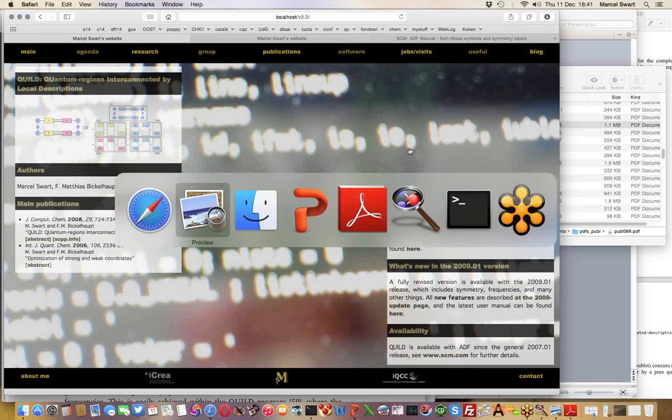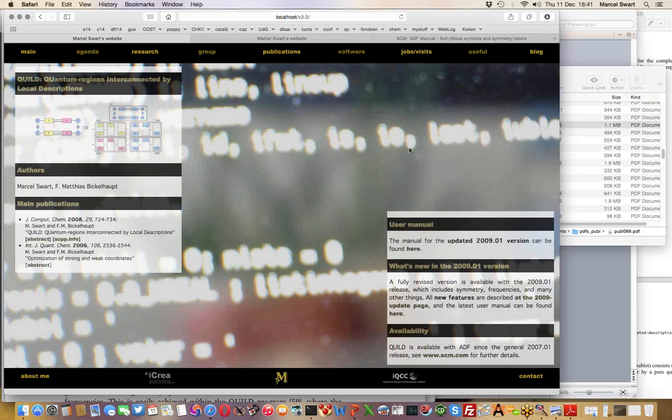For instance, the DNA system I showed has 150 atoms, which is one example of a biological system. If you really want to go larger, then it is getting too large at the moment for the current version of QUILD, again because of being forced to use the delocalized coordinates.